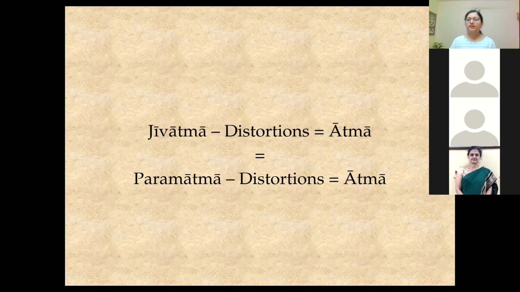Now, this knowledge, this understanding is the main thing. Suppose there's a small child, and he doesn't know how mirrors work. He doesn't understand the concept of a mirror. And suppose you take him, have you seen those mirror houses, that house of mirrors in amusement parks?